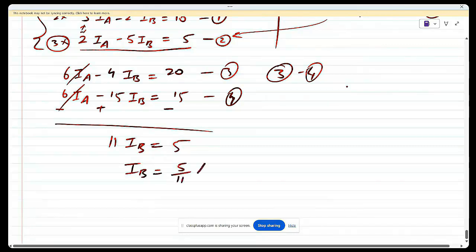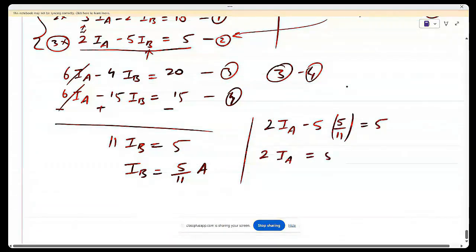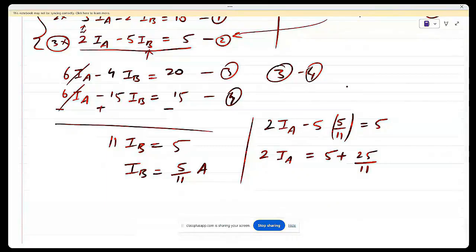No problem. Now you can calculate the value of IA. Put the value of IB in this equation. You will get 2 IA minus 5 times IB, which is 5 upon 11, is equal to 5. It will be 2 IA is equal to 5 plus 25 by 11. 25 by 11 plus 5 is equal to 7.27.